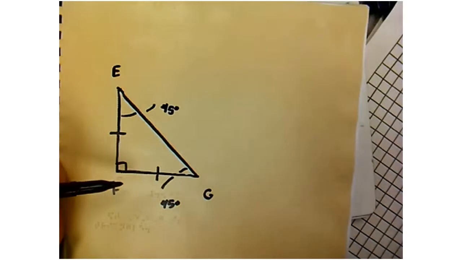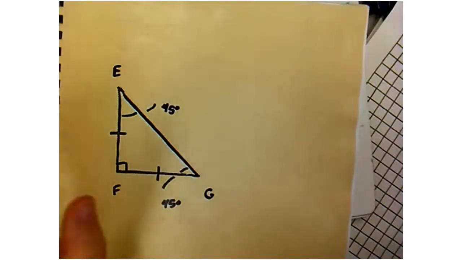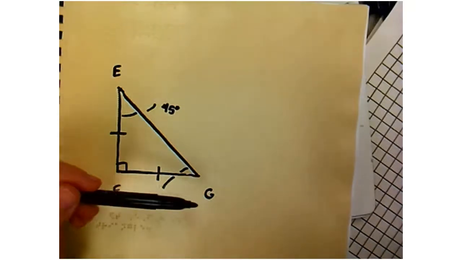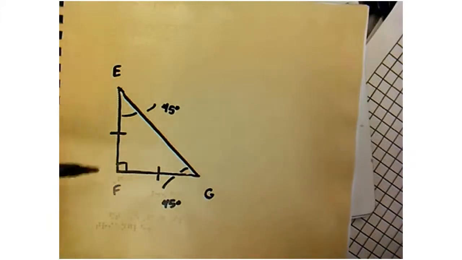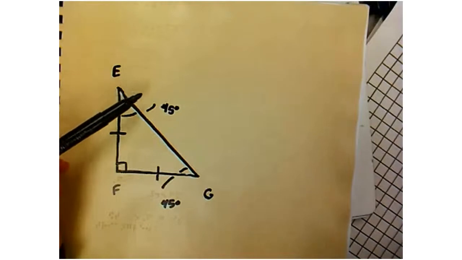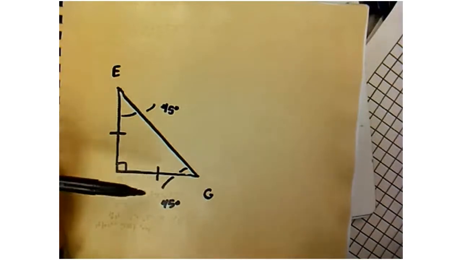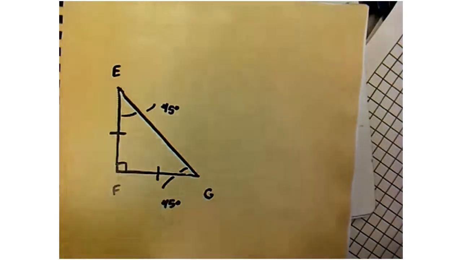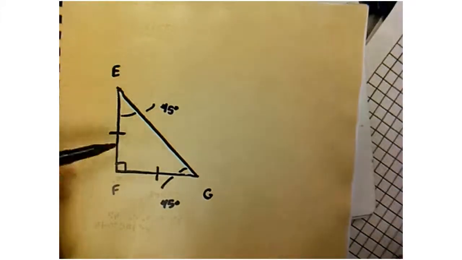A right. So we could combine two of them and say this is a right isosceles triangle. Triangle EFG, or we could name it GFE, is a right isosceles triangle. Do we still get 180 degrees? 45, 45, 90? Yeah. This is a special triangle we're going to learn about later called the 45, 45, 90.